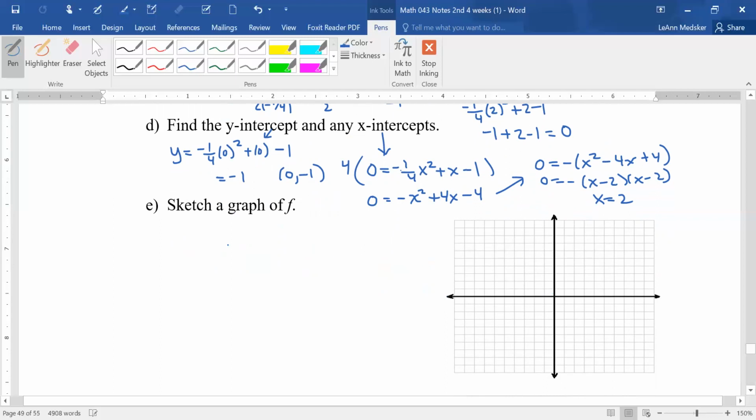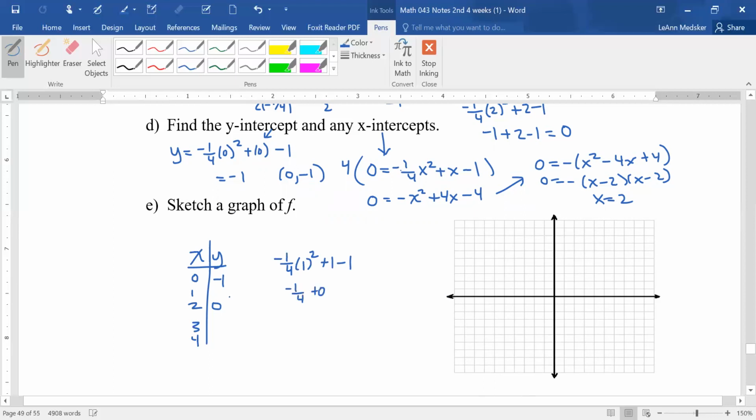So let's plot what we know, or actually let's put down what we know. We know that our vertex is at 2, 0. We also know that we want the points 1 and 0. We already know 0 because we plugged it in. That's our y-intercept. And we'll want the points for 3 and 4. So if we plug in 1 into the original, so -1/4 times 1 squared plus 1 minus 1, that is -1/4 plus 0.